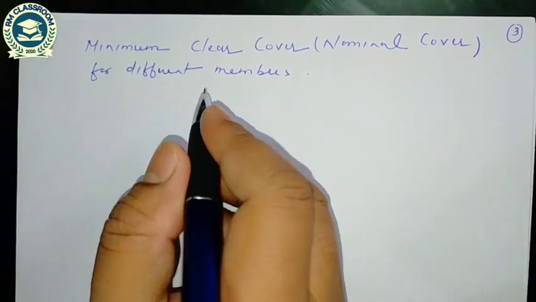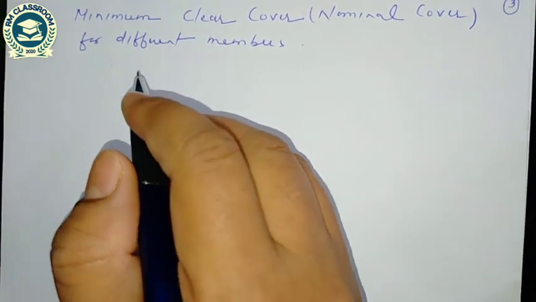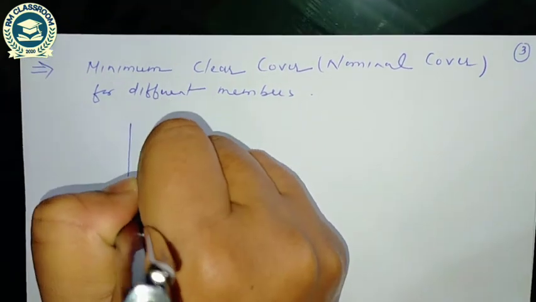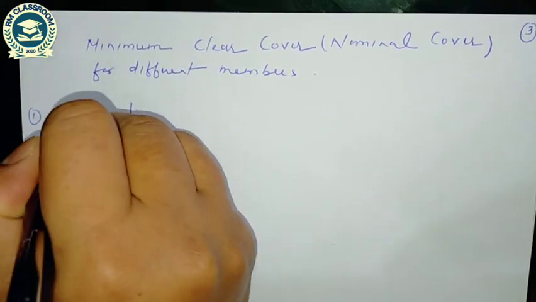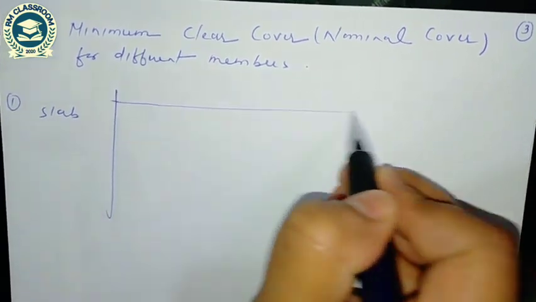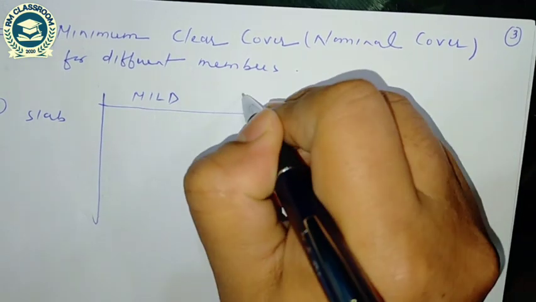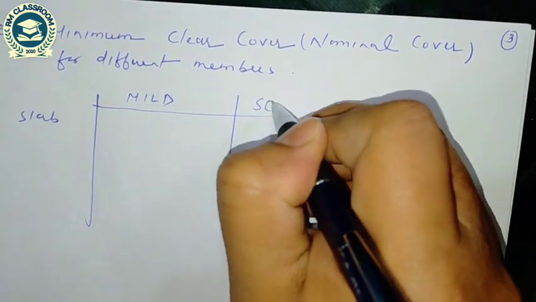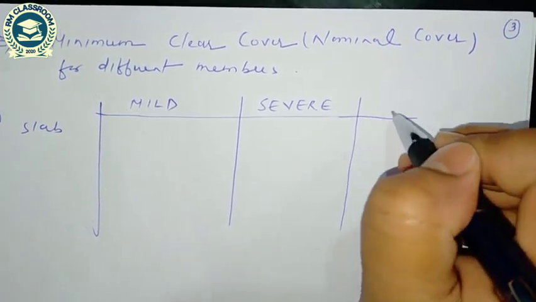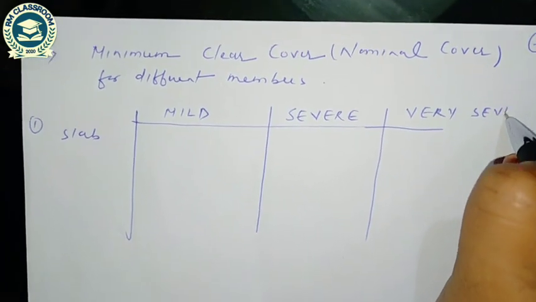So the minimum clear cover for different members like slab, beam, column and footing. The first one is slab, and the different exposure conditions like mild, severe, very severe.